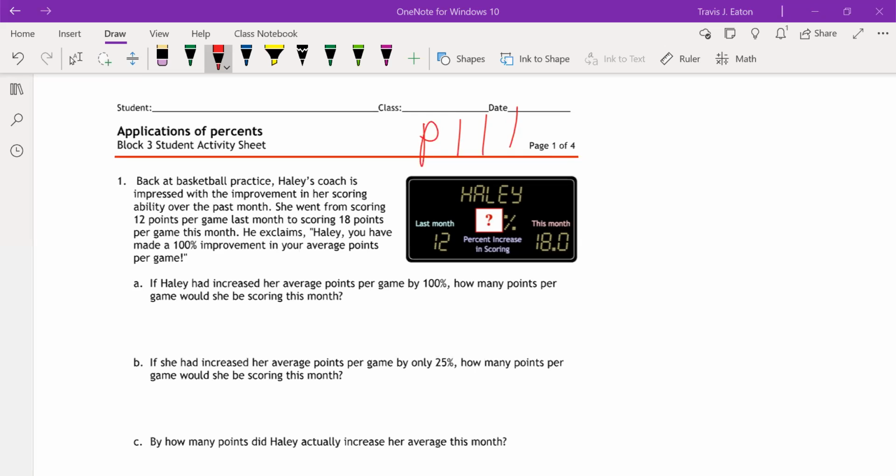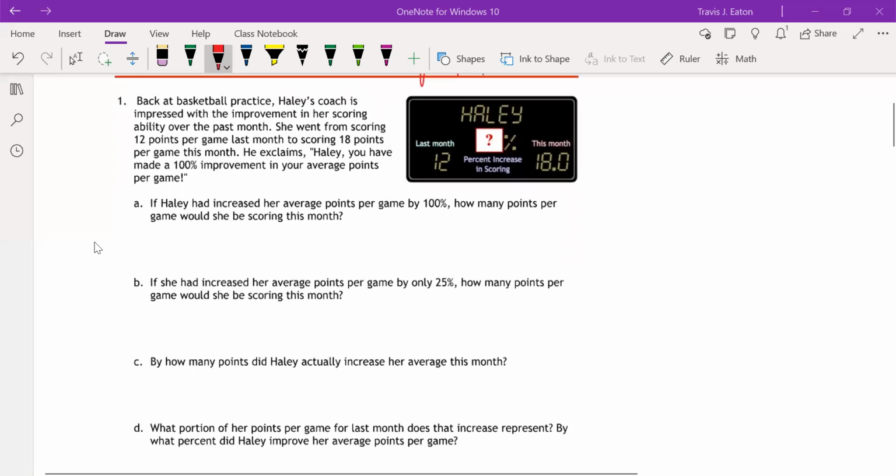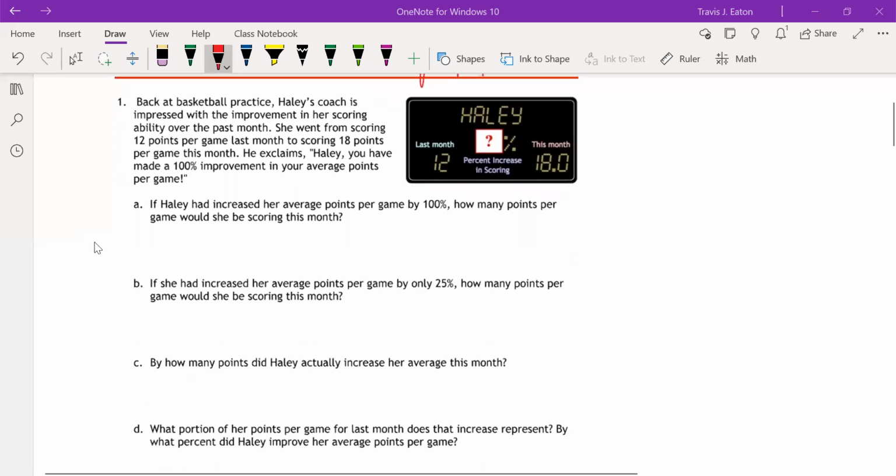Okay. So he exclaims, Haley, you have made a 100% improvement in your average points per game. Oh gosh, that's nice of him to say. Now, if Haley had increased her average points per game by 100%, how many points per game would she be scoring this month?